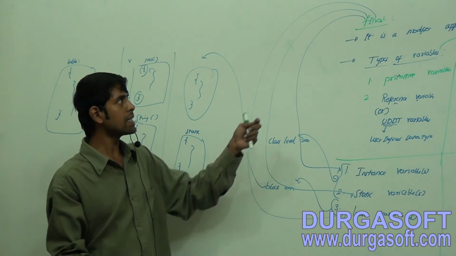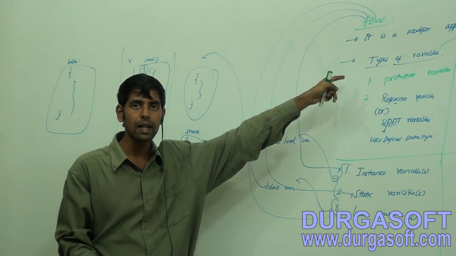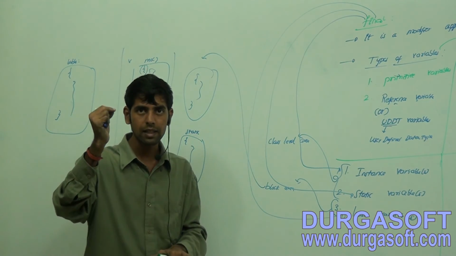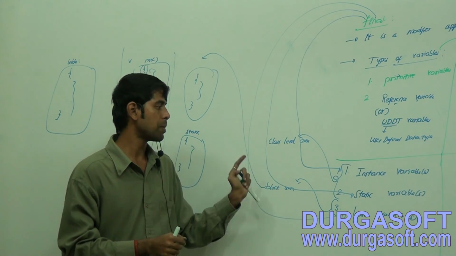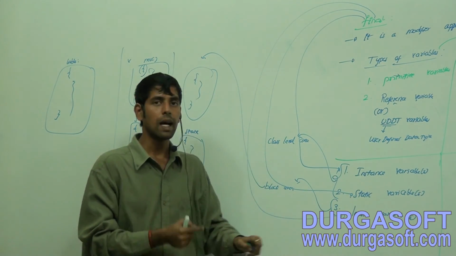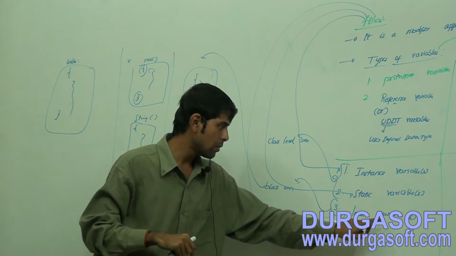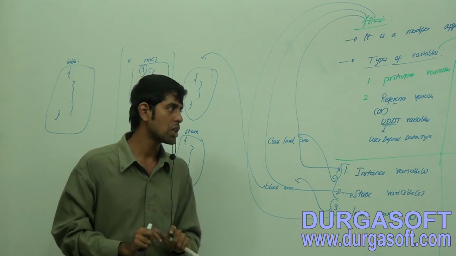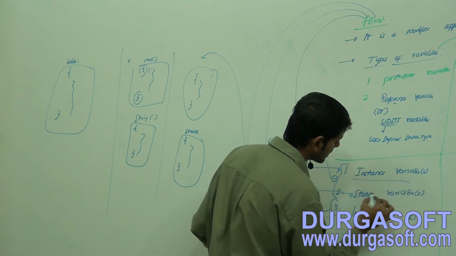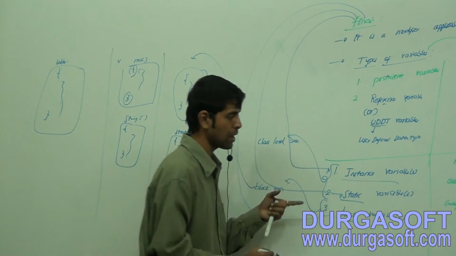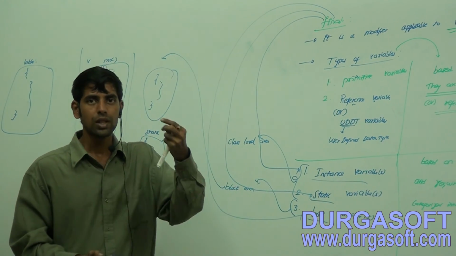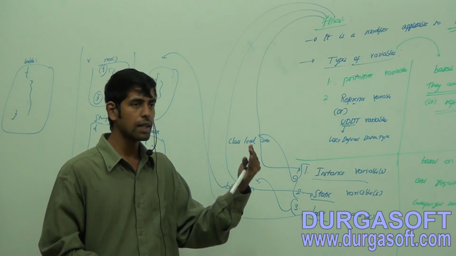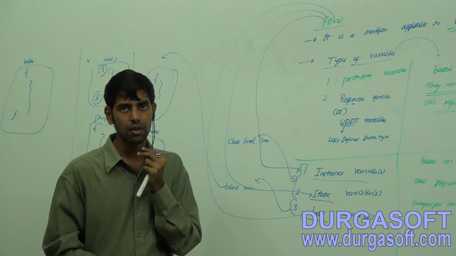So first understand the behavior of the final modifier with respect to the instance variable, the static variable, and the local variable. You should have knowledge about instance, static and local variables. So let us go step by step, slowly understanding everything perfectly.